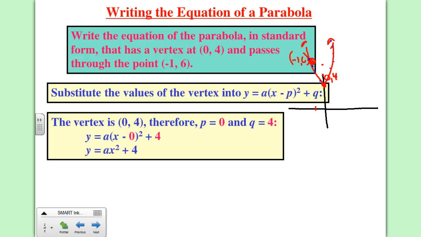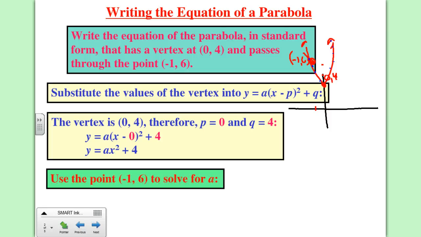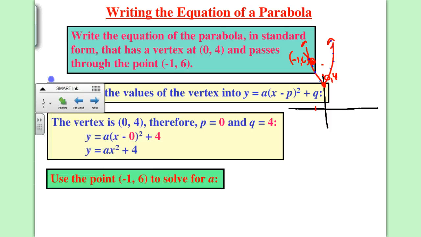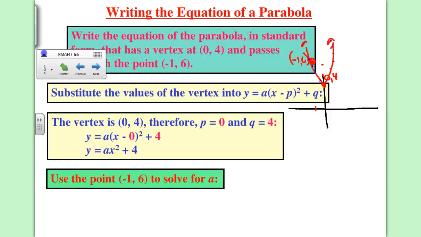So how do I do that? Well, if I simplify x minus 0, I get that. I have this point, (-1, 6). And all I need to do is use that point to solve for a.